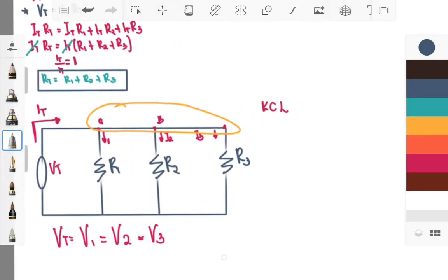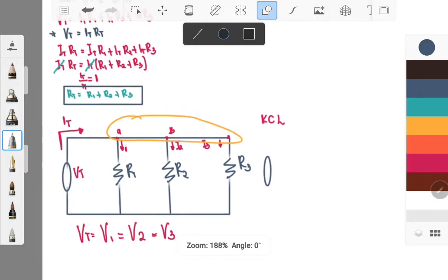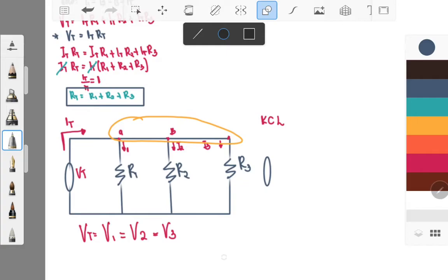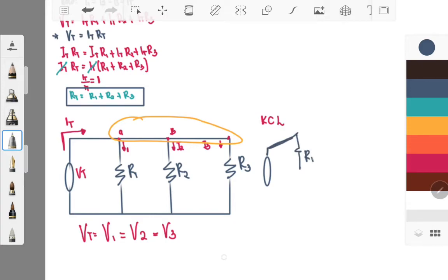V total. We have our V total. Walang resistance yan. Okay. This will be your I total. Papunta siya sa R1. Papunta siya sa R2.